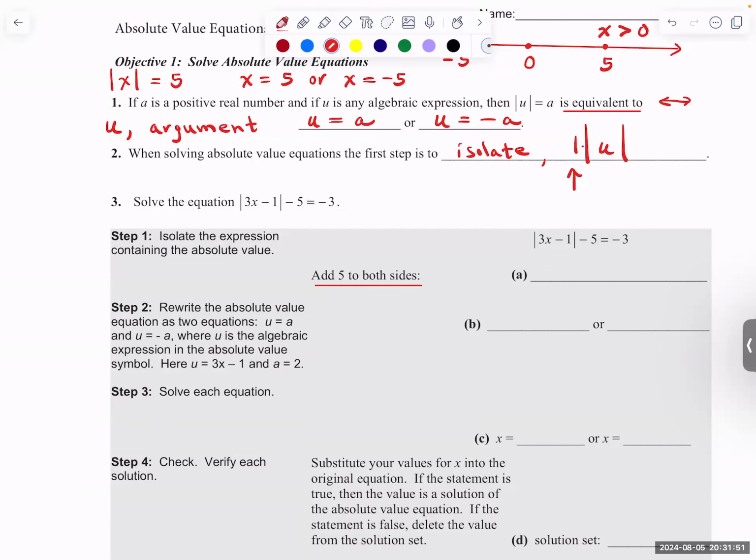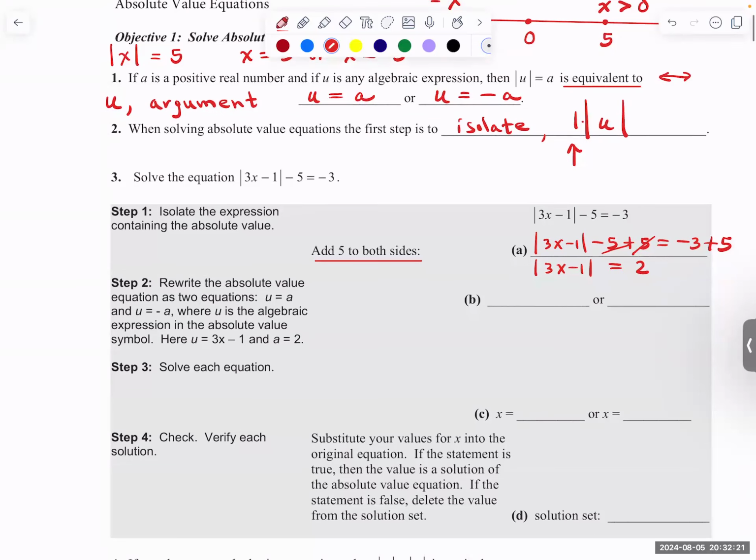So if we write out every single step, we have absolute value, -5 plus 5 is equal to -3 plus 5. So then we have absolute value, -5 plus 5 is 0, is equal to +2.